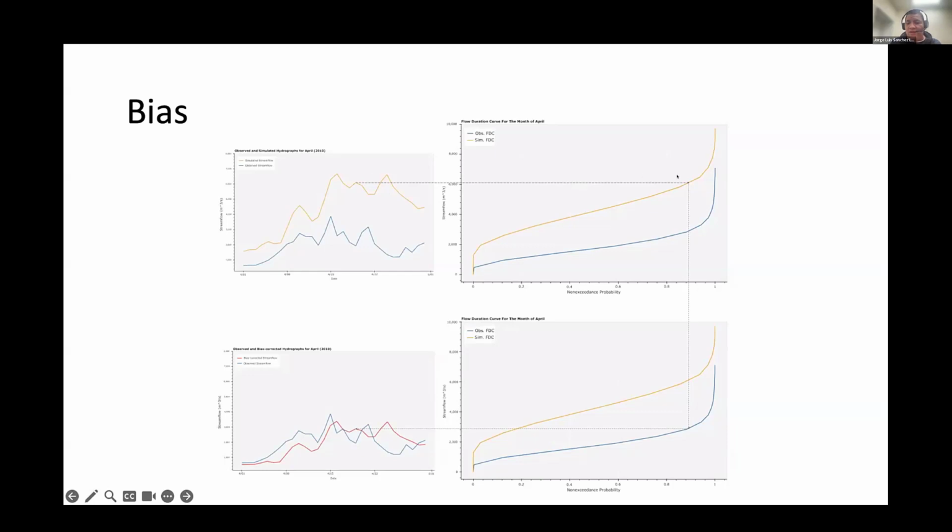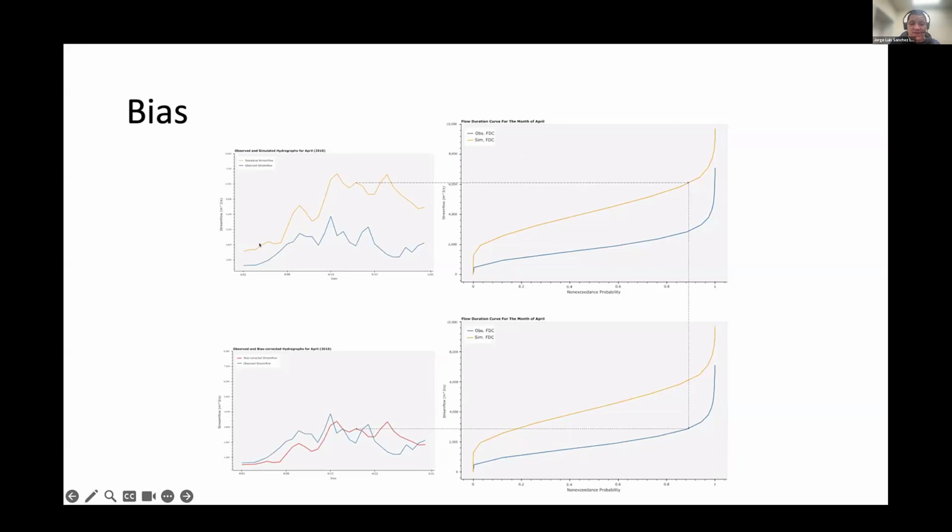Every single simulated value we map to the simulated flow duration curve, and we calculate the non-exceedance probability for that. With that non-exceedance probability, we enter into the observed duration curve and calculate the discharge value that has the same non-exceedance probability. And we replace our original simulated value by the observed value with the same non-exceedance probability.